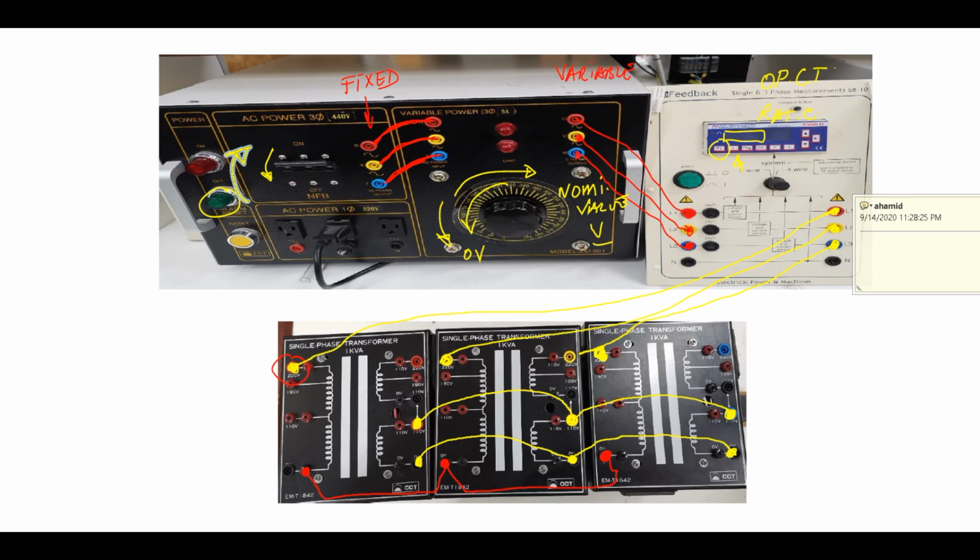The connections are really clear and simple. And once it's done, from those recorded parameters or values, you can calculate the single phase equivalent circuit of the transformer. Thank you.